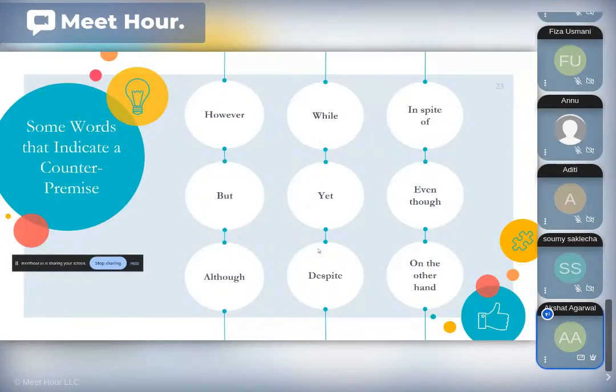Now, even if you do not understand counter premises particularly, what I just need you guys to focus on is these kinds of words. Whenever these words are there in the passage, and mind you, they will always be however, but are very common words to use.